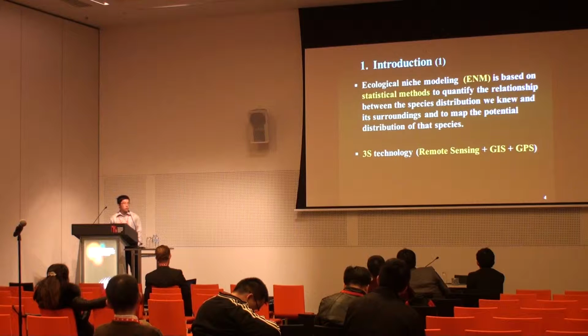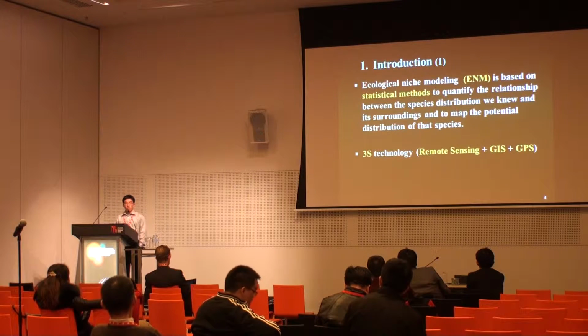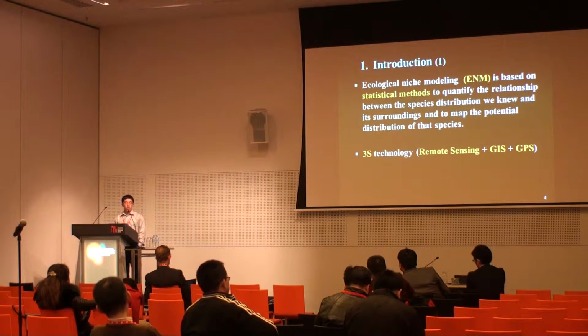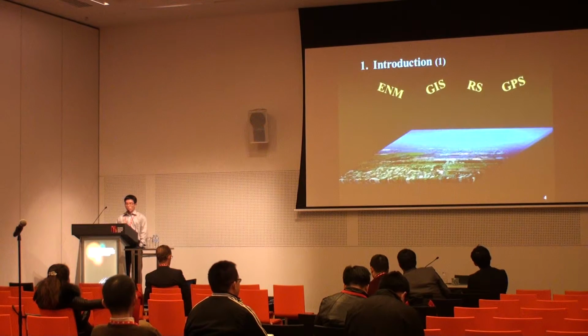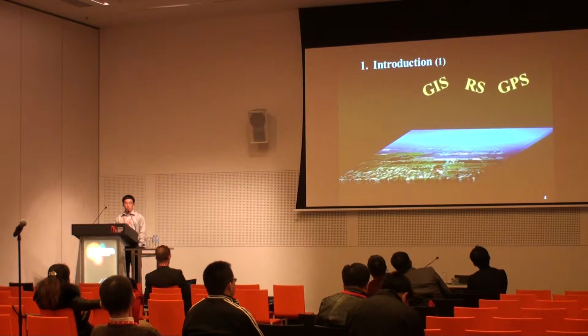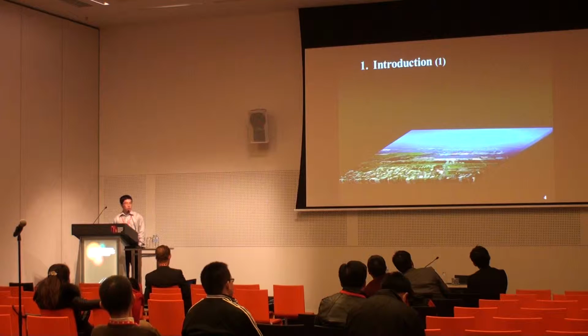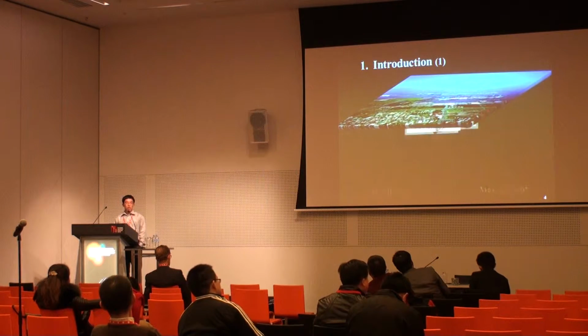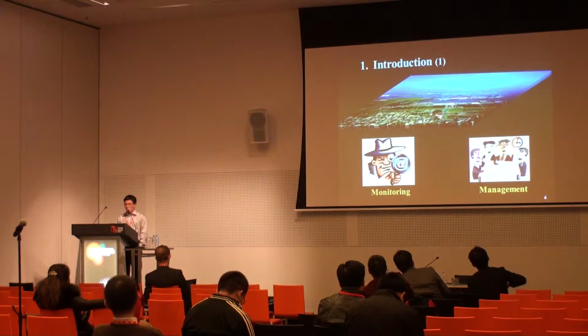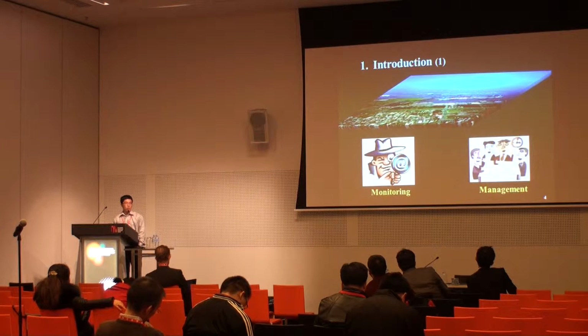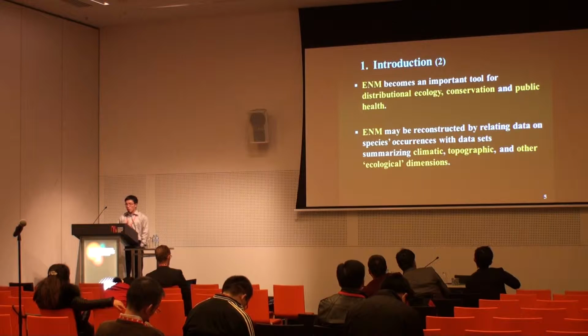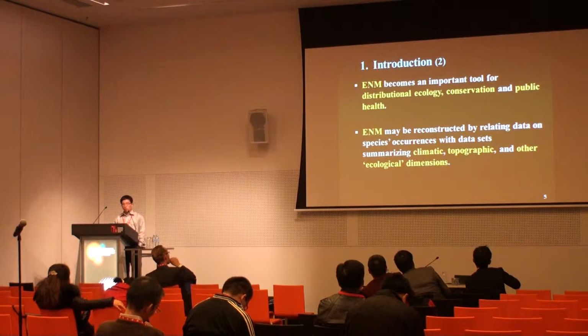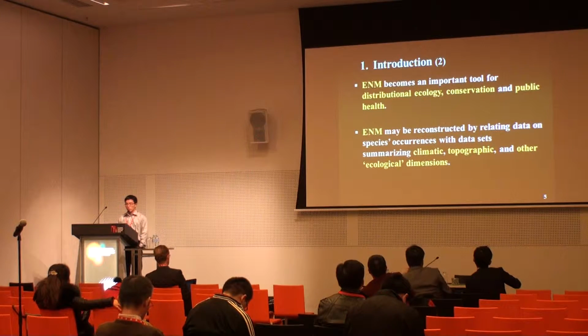In recent years, 3S, RS, GIS, and GPS improved quickly. And ENM coupled with GIS, RS, and GPS, we use it on a large scale, and we can quickly get useful information for monitoring and management for forest or environment. And ENM becomes an important tool for distributional ecology and conservation and public health.